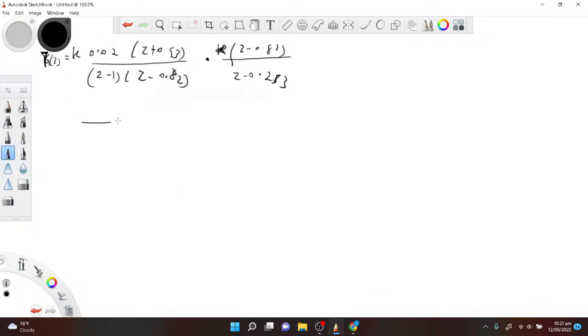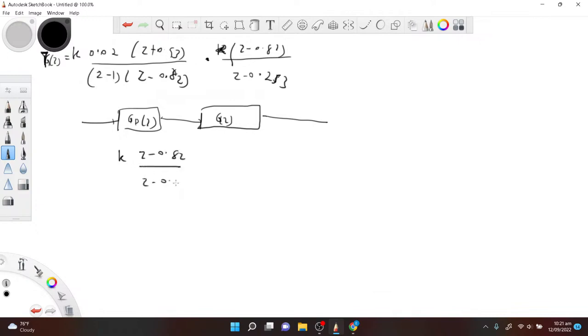So you see, the block is this: G D of Z multiplying G of Z. If I multiply these two, I'll get K times Z minus 0.82 over Z minus 0.253 multiplied by 0.02 Z plus 0.93 over Z minus 1 times Z minus 0.82.